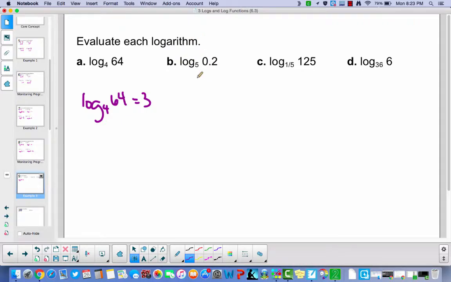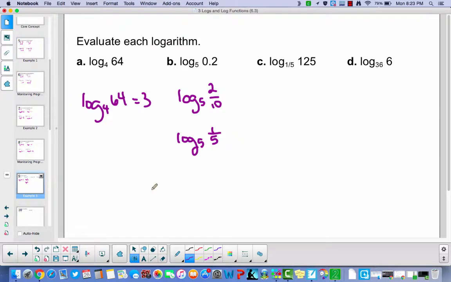Now this one's a little trickier. Log base 5 of 0.2. Well, let's look at it this way. 0.2 is 2/10. But 2/10 can also be written as 1/5.